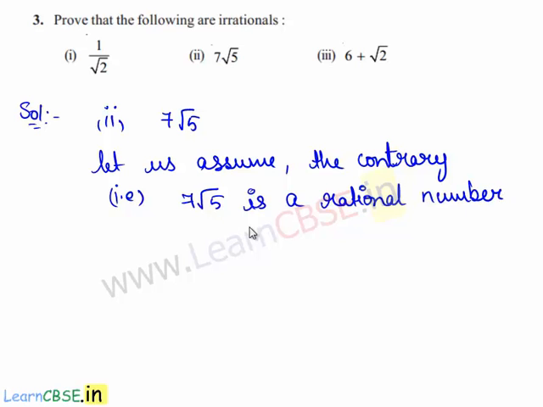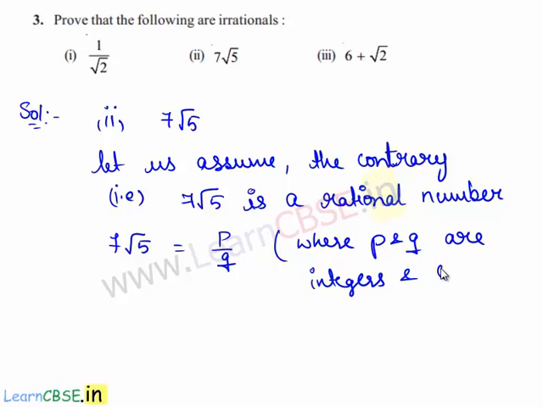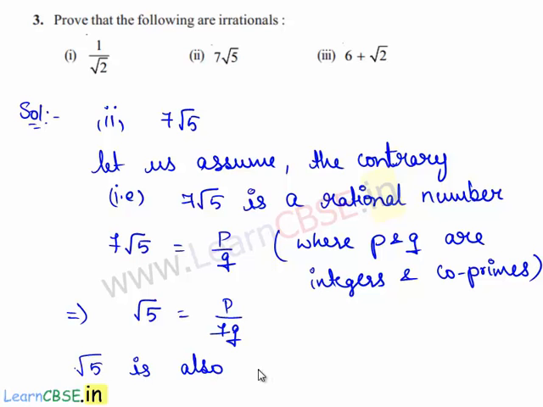Since we have assumed that 7 root 5 is a rational number, 7 root 5 can be written in the form of p upon q, where p and q are integers and co-primes. So this can be written as root 5 is equal to p upon 7q. Since p and q are integers and 7 is also an integer, p upon 7q gives a rational number. This implies that root 5 is also a rational number.